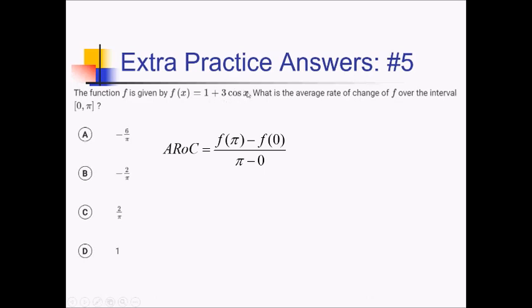Cosine of pi is -1, so that's 1 minus 3, which is going to be -2. And then f of 0, well, cosine of 0 is 1. 3 times 1 is 3. 1 plus 3 is 4. So we're subtracting 4. So this comes out to -6 over pi, which is going to give us choice A.